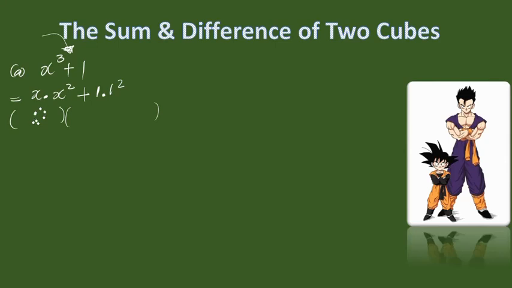So the sign of the small bracket must be the sign of the question. So the question had a plus, the small bracket is going to have a plus. So now, what do we have? If this thing is a plus, the first sign is going to be a negative, and the last sign in the trinomial bracket is always positive.